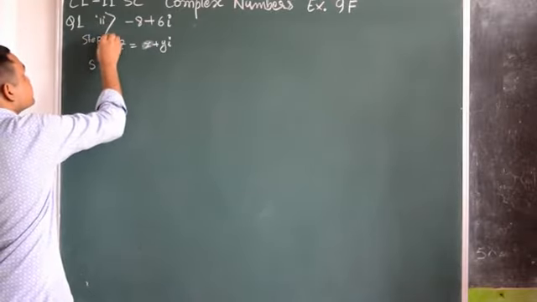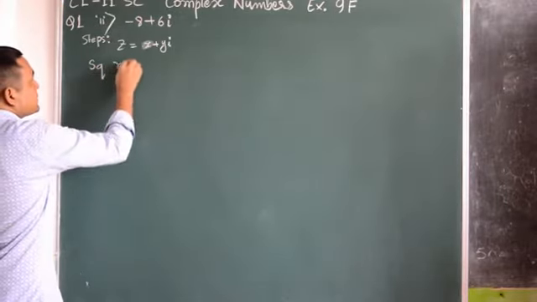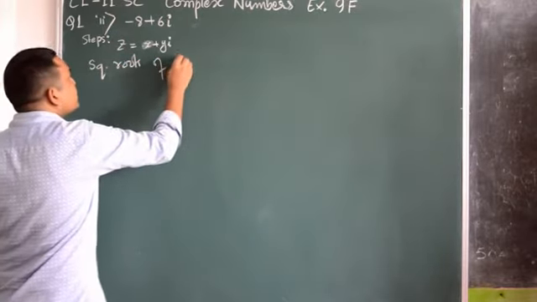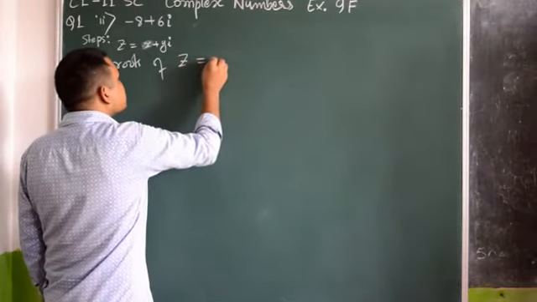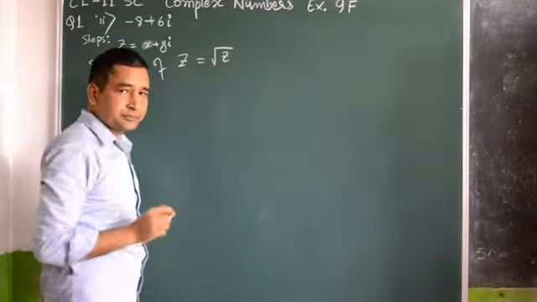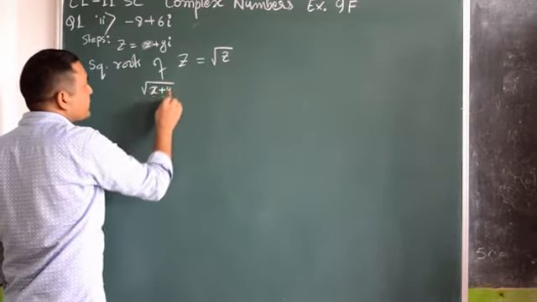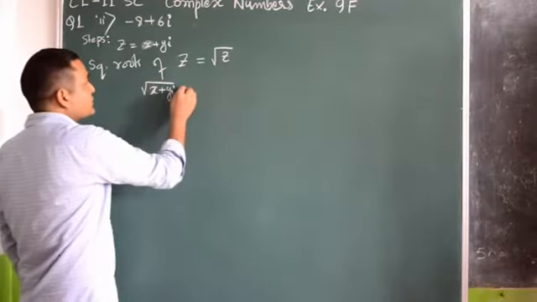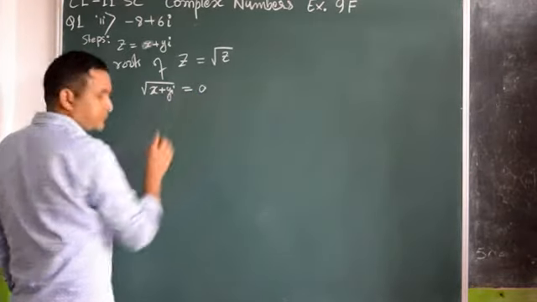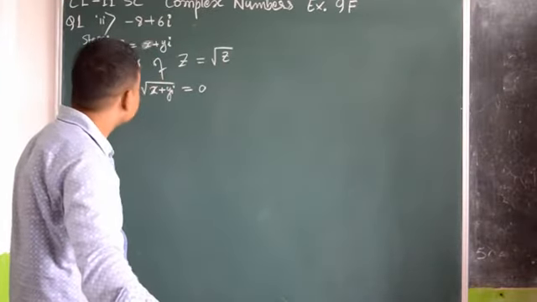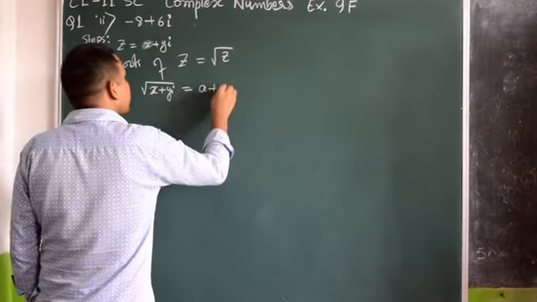The square root of z equals under root z, or under root of x plus iy, this is the value of z, equals a plus ib.